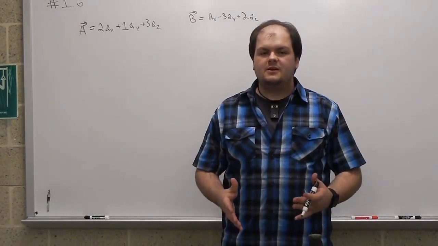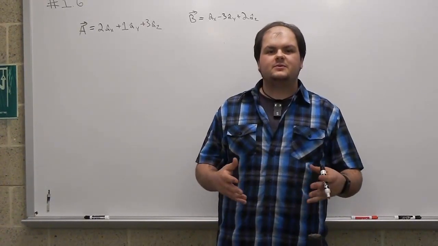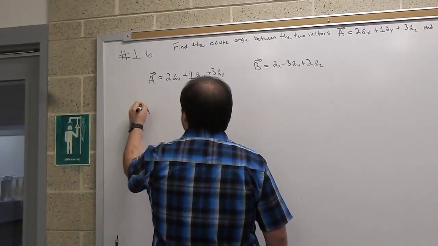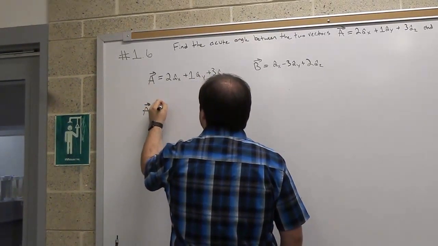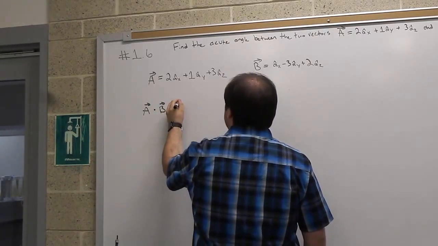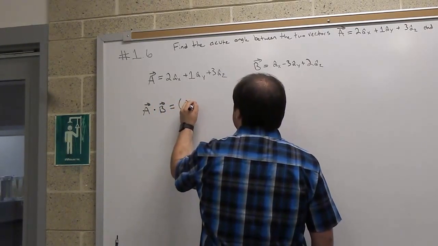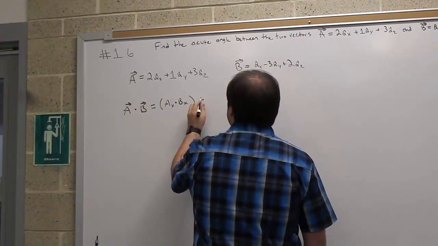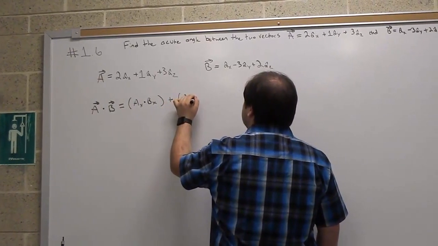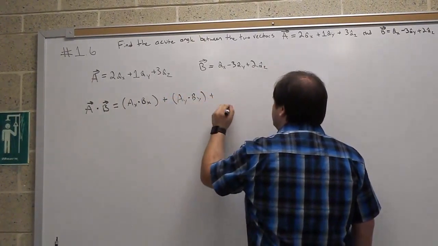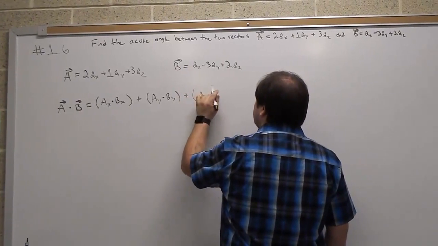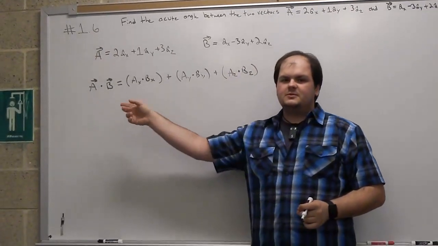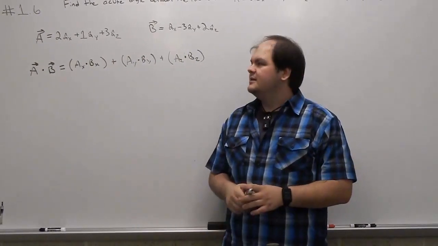So I'm going to start out with the definition which was pretty easy and the one that you probably learned first, which was that A dotted with B is going to be equal to AX times BX plus AY times BY plus AZ times BZ. So this is the sum of the components multiplied together.